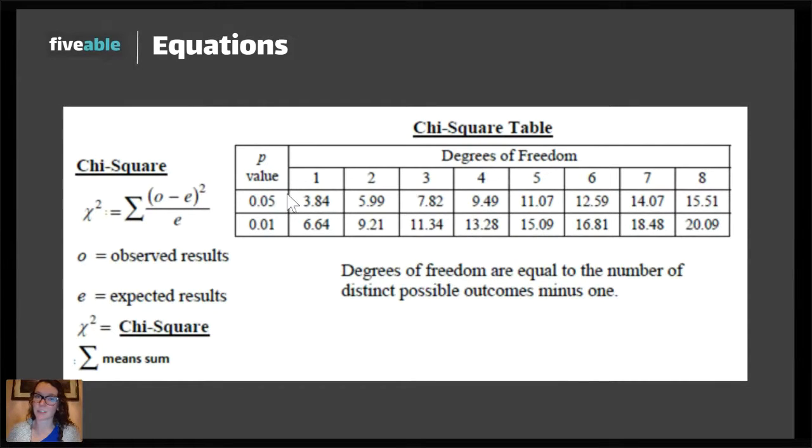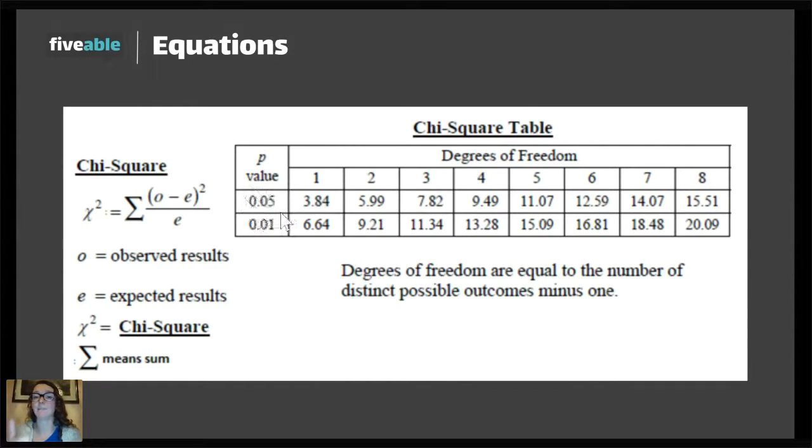What do these values actually mean? I will give you a brief explanation. A p-value of 0.05 means that if your results are proven with the numbers in this row, then there's only a 5% chance that they happened due to chance.